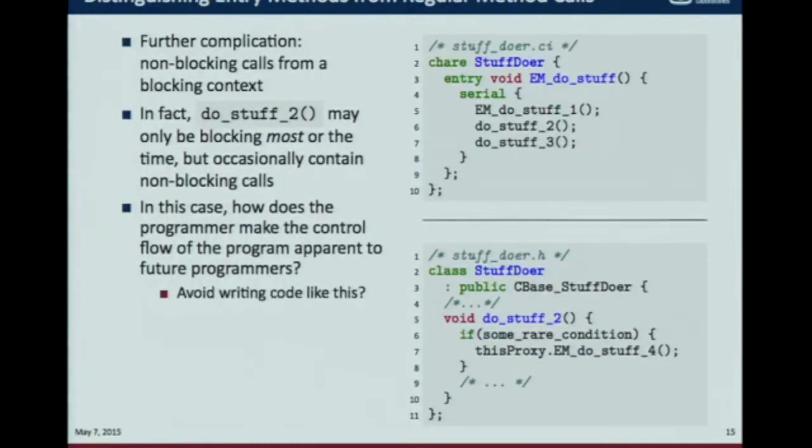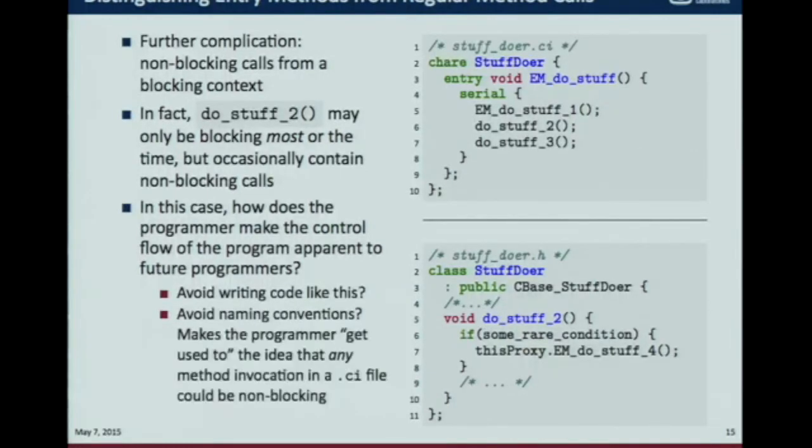So how do you, there's several ways you could address this. You could avoid writing code like this, and that may be a reasonable thing. It seems funny because sometimes you just can't. But we do that kind of thing in C++. We have no-throw constructors whenever we can. So things like that. We could avoid naming conventions and just say, all right, you have to go look at this function definition.